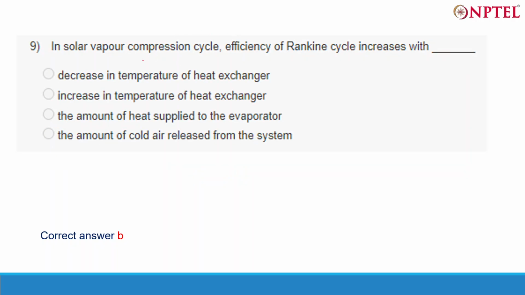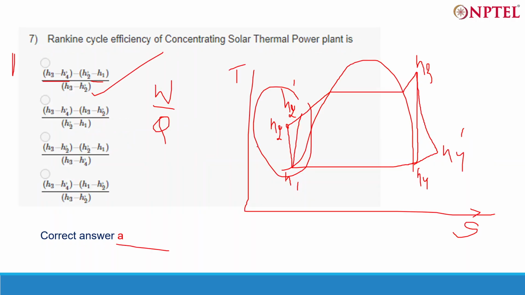In solar vapor compression cycle, efficiency of Rankine cycle increases with: decrease in the temperature of heat exchanger, increase in the temperature of heat exchanger, amount of heat supplied to the evaporator, or amount of cold air released from the system. So let's see the Rankine cycle here again.